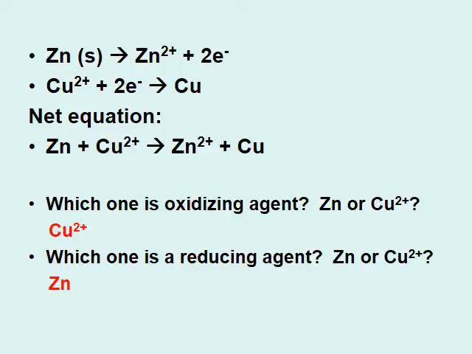Now here we are showing you contribution from zinc and copper separately. These are called half reactions because we're showing their contributions separately. Zinc becoming zinc 2 plus and 2 electrons makes one half of the reaction. The other half reaction deals with copper 2 plus that receives 2 moles of electrons, giving 1 mole of copper.